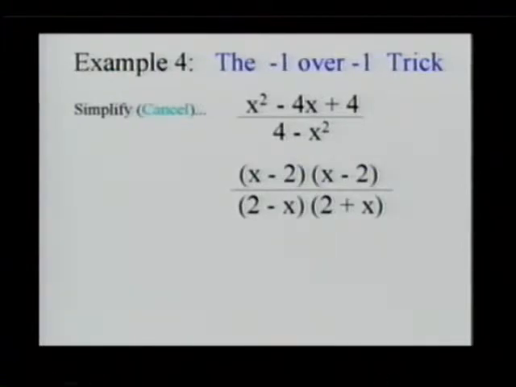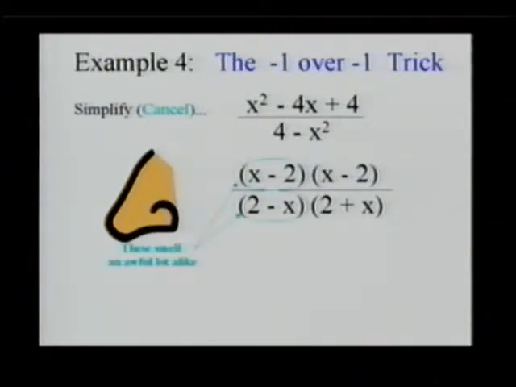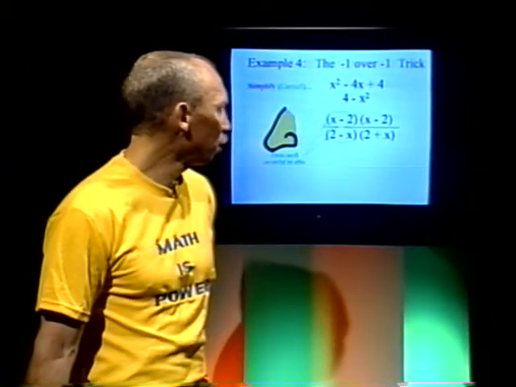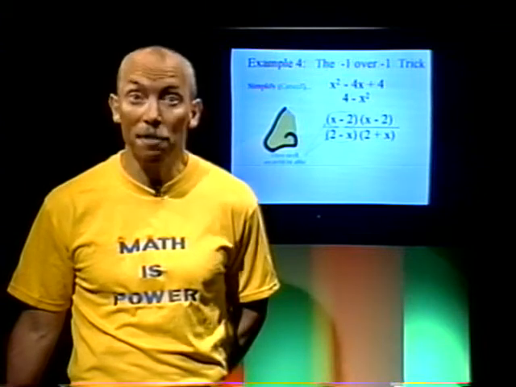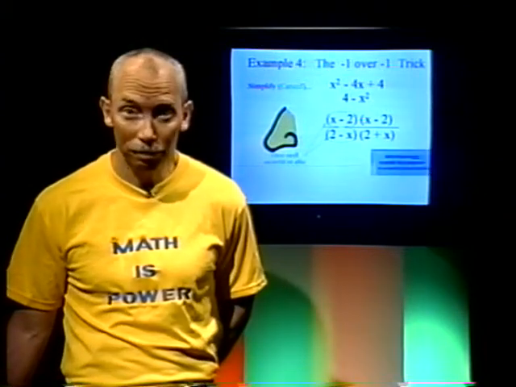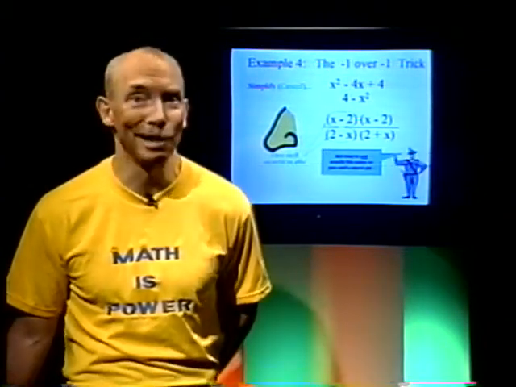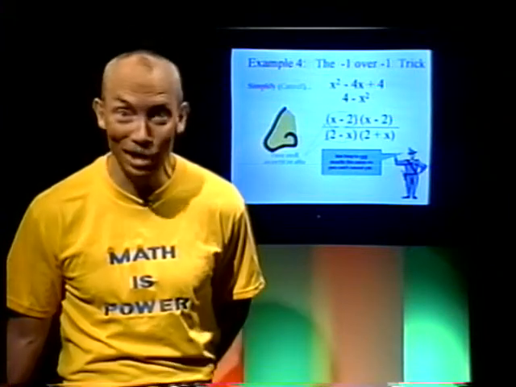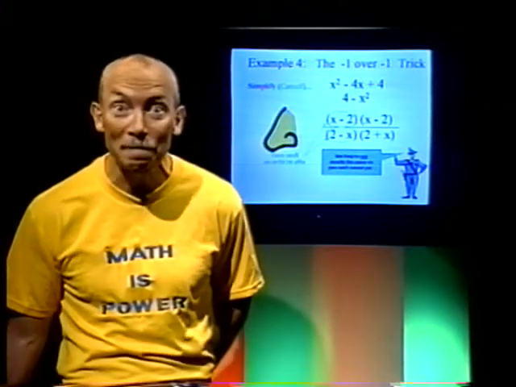Is there anything that's the same in the top and the bottom? Well, let's see. These two smell alike, x minus 2 and 2 minus x, but they're not the same. They have to be the same. So here comes my buddy again. It's got to be the same thing over the same thing, or it's not 1.